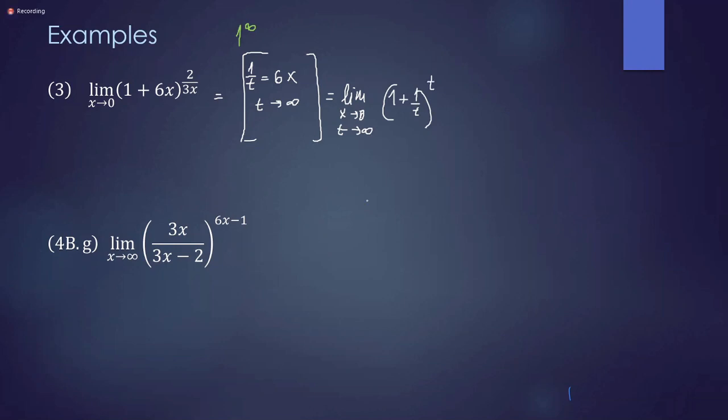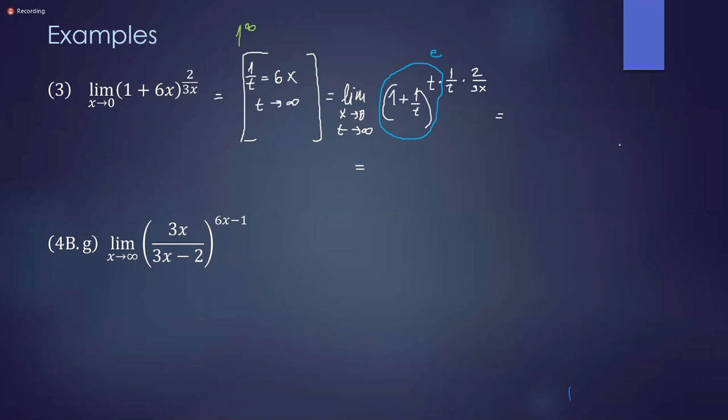And once again, I will use a color to show that this limit is e. And so we have the limit of e to the power 1 over t. Now I say, okay, it's 6x instead of 1 over t. So I can write it 6x times 2 divided by 3x.